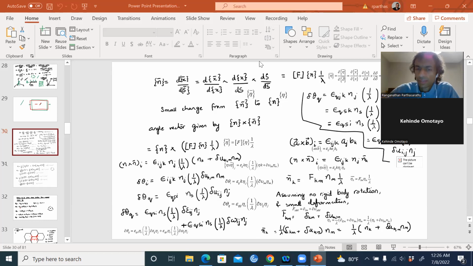Meanwhile, I'm just writing this out. n bar is F dx by ds bar. And n cross n bar is, just a minute.